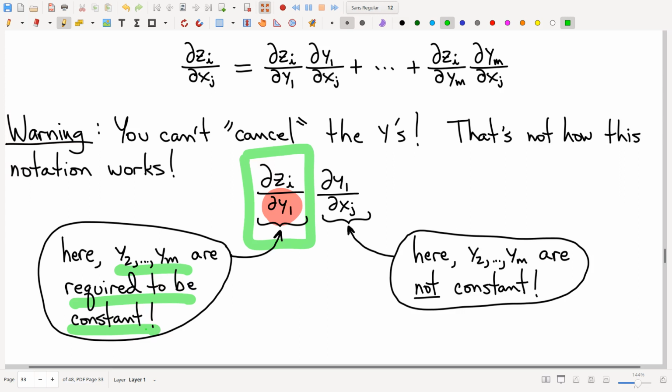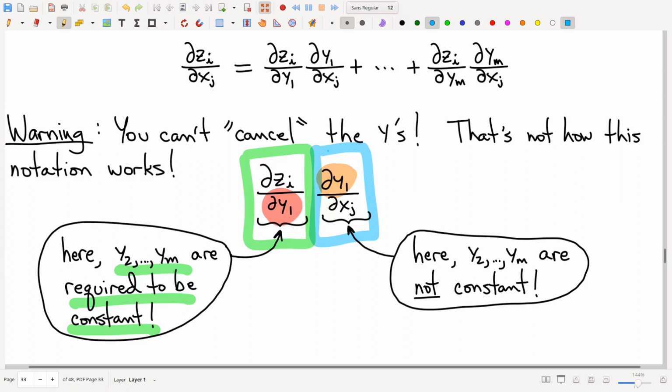Okay. All right, now let's consider, what about this thing right here? I shouldn't use the same color. Let me use orange. What about that thing right there? Different story. Let's look at this partial derivative that it's part of, apparently. This says I want to know how y1 changes as xj changes.